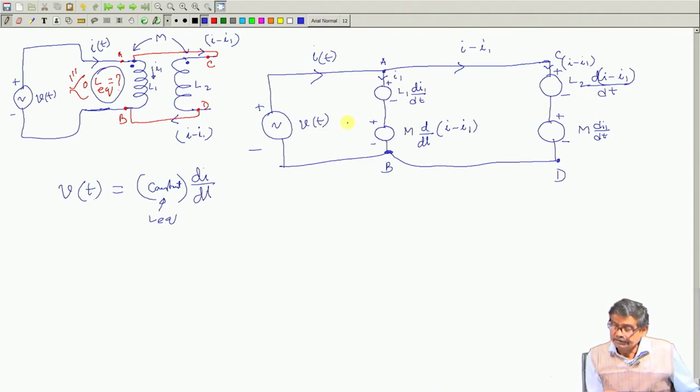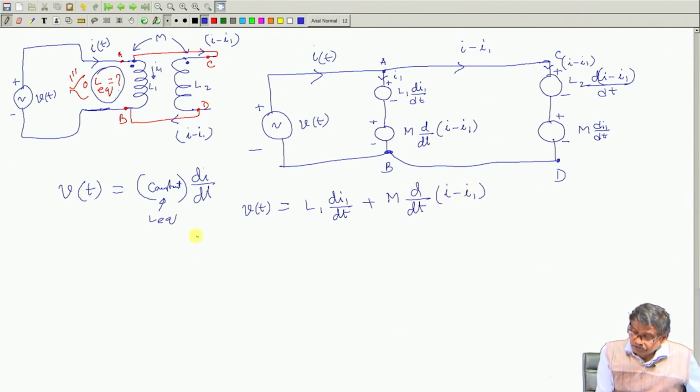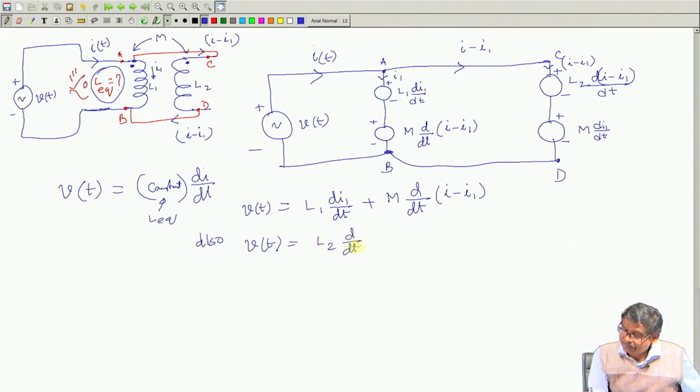these two are parallel circuits. So, first thing is, the applied voltage Vt here will be equal to, in this branch, L1 dI1/dt plus M d/dt of (I minus I1). Also, Vt in this loop will be equal to L2 d/dt of (I minus I1), plus to minus, then once again plus to minus, plus M dI1/dt.